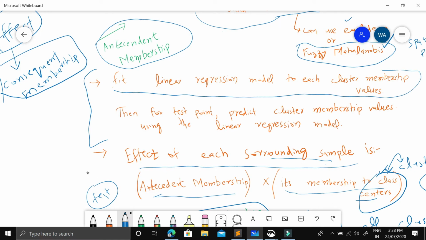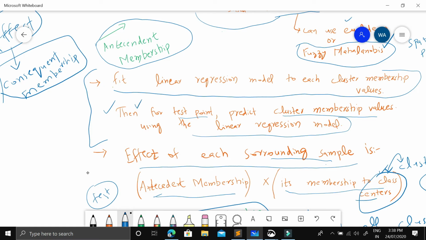Why do we do it? Because for a test point we want to predict the cluster membership values using the fitted linear regression model. We could also use a nonlinear model, and there is research going on in that, and it is a really great idea to use something like a random forest or any nonlinear model. You could play with it.